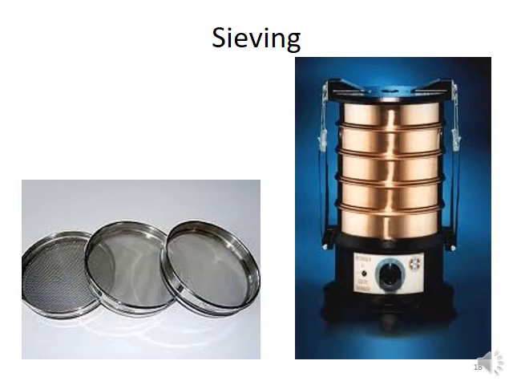This figure shows the sieving method. The sieves are usually arranged in a nest of 5 with the coarsest at the top. Powder is placed on the top sieve. Then the sieves are shaken for a period of time.